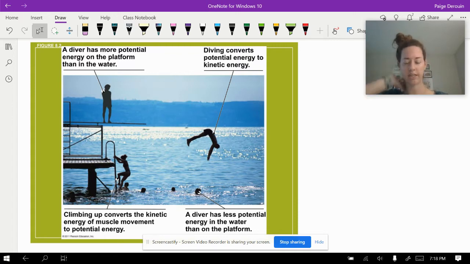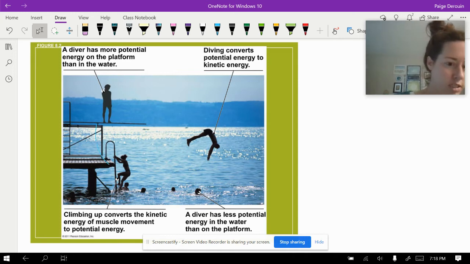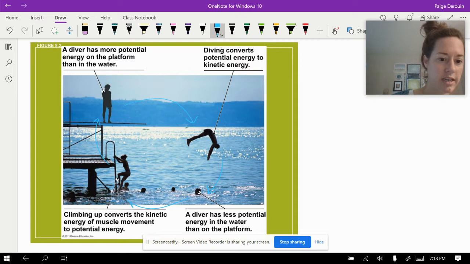The diver in the water has low potential energy because of his location. And then as the person climbs up the ladder, they're converting their kinetic energy, the movement, into potential energy.